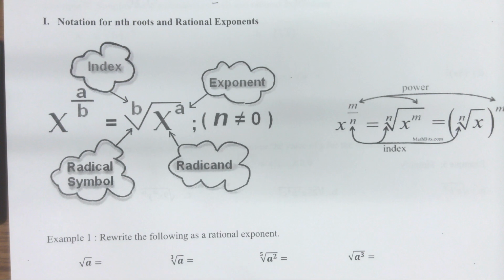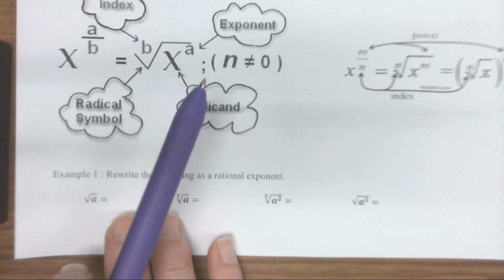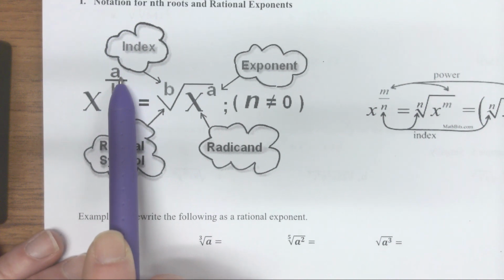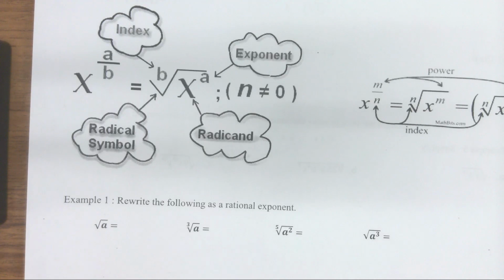When you're dealing with a rational exponent, I'll talk about first how you just write these things as a rational exponent. But in general, the top number of the fraction is what the exponent is.